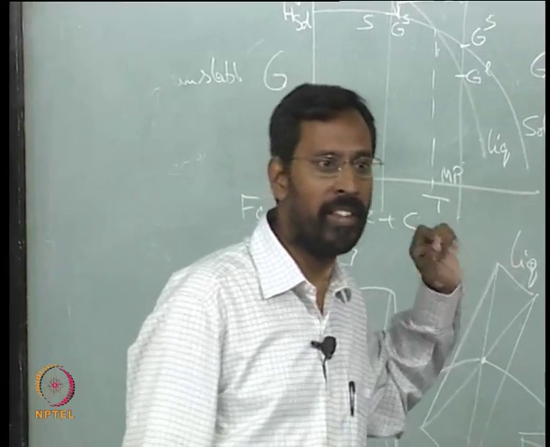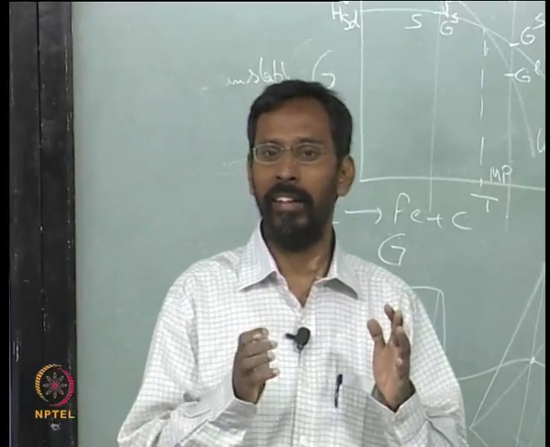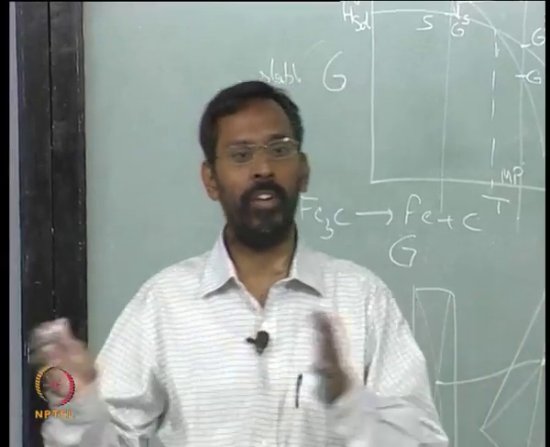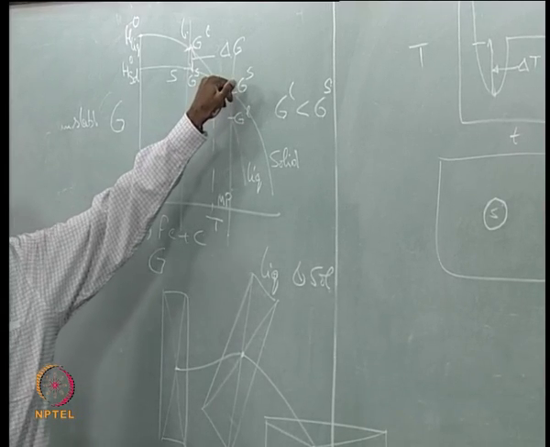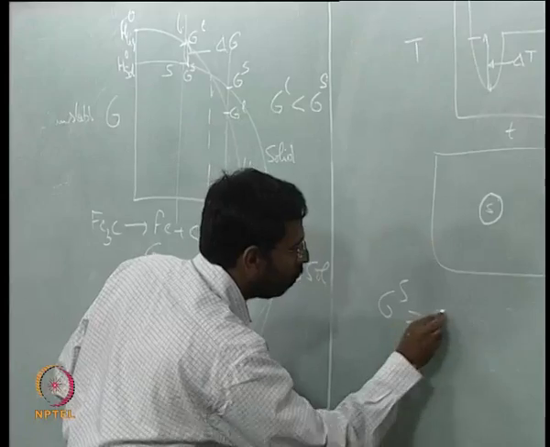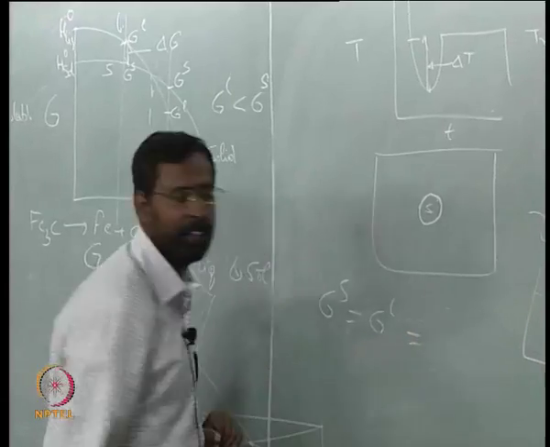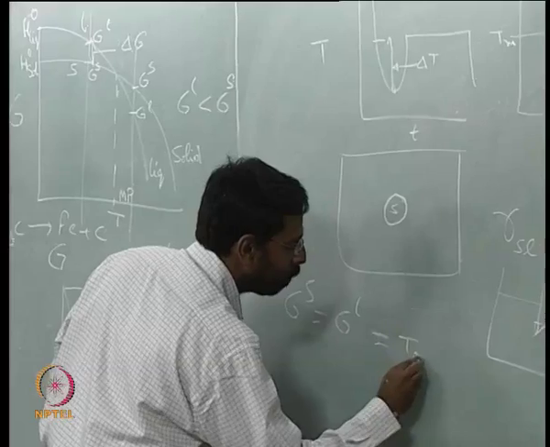So in a single component system, equilibrium is defined as that where the free energy of both the phases is equal. That is what it is at the intersection. At the intersection, G of S is equal to G of L. This is the definition of equilibrium.